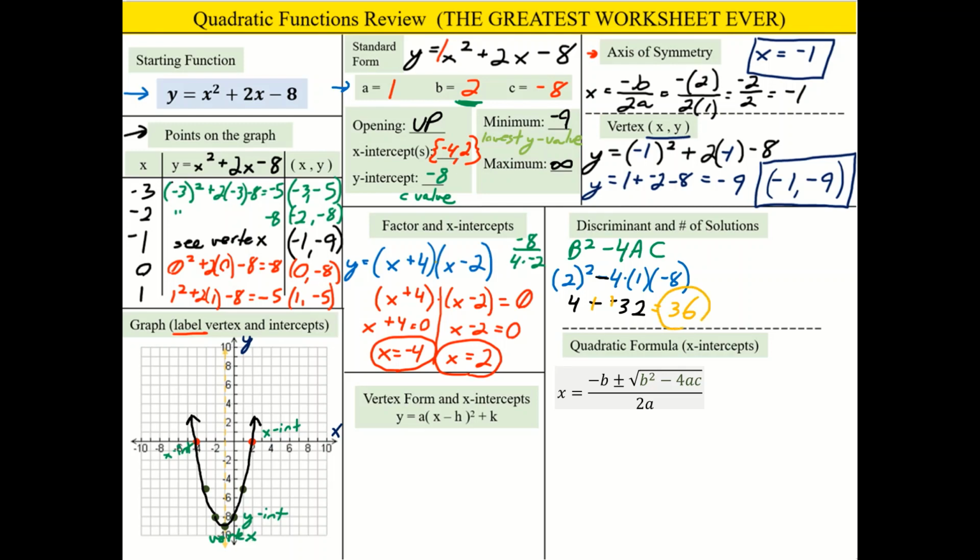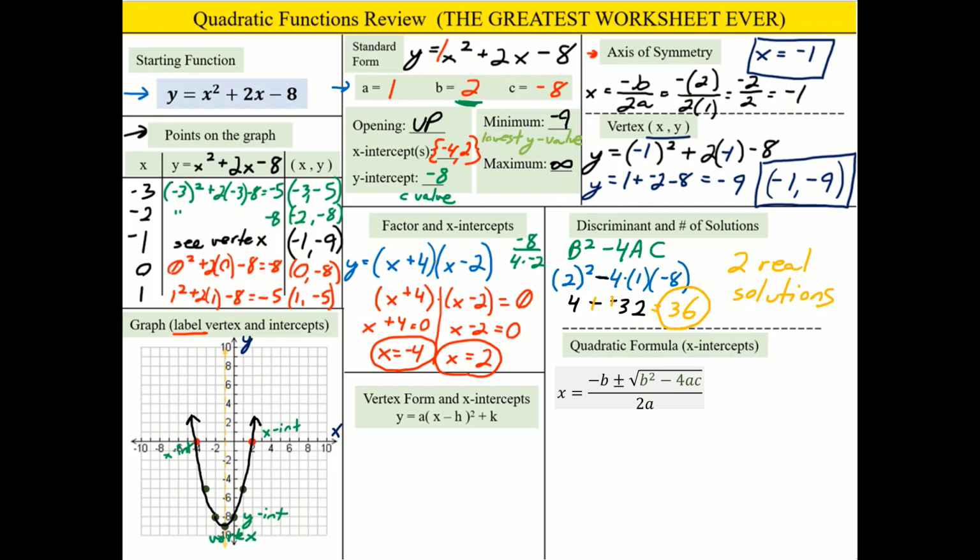Okay, that's my discriminant. Now, since the discriminant is positive, that tells me that when I set it equal to 0, I'm going to have 2 real solutions. And also, when we're looking for the x-intercepts, there will be 2 x-intercepts.